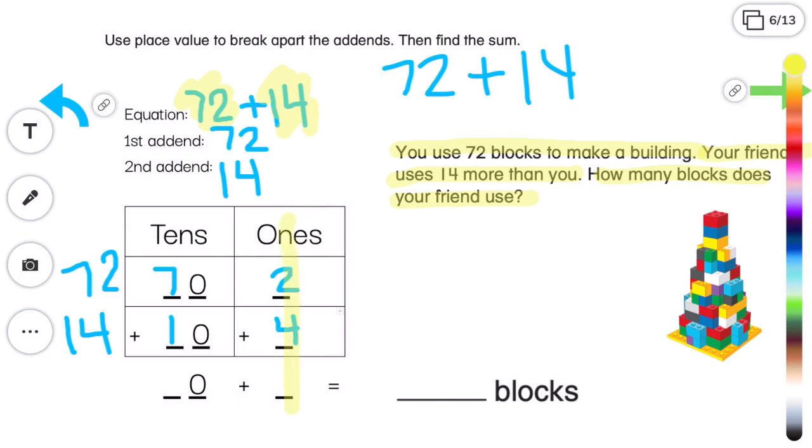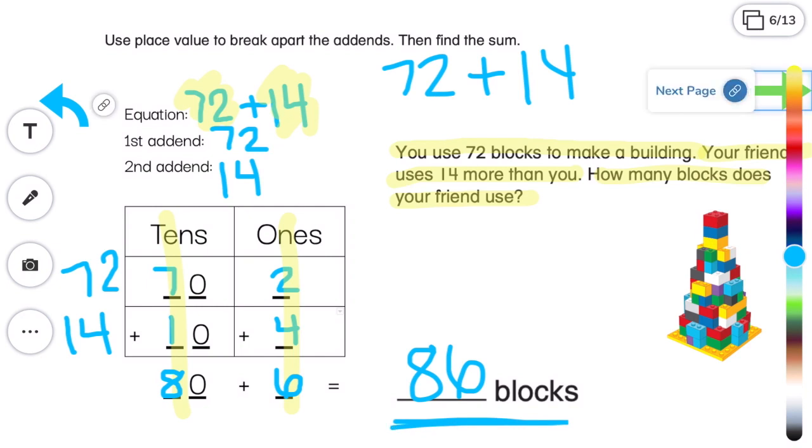Now let's add our tens and ones together. 2 plus 4 is the same as 6. 7 plus 1 is the same as 8, but it's in the tens place, so it doesn't mean 8, it means 80. 80 plus 6 equals 86. And on the word problems, you can just write the answer down here.